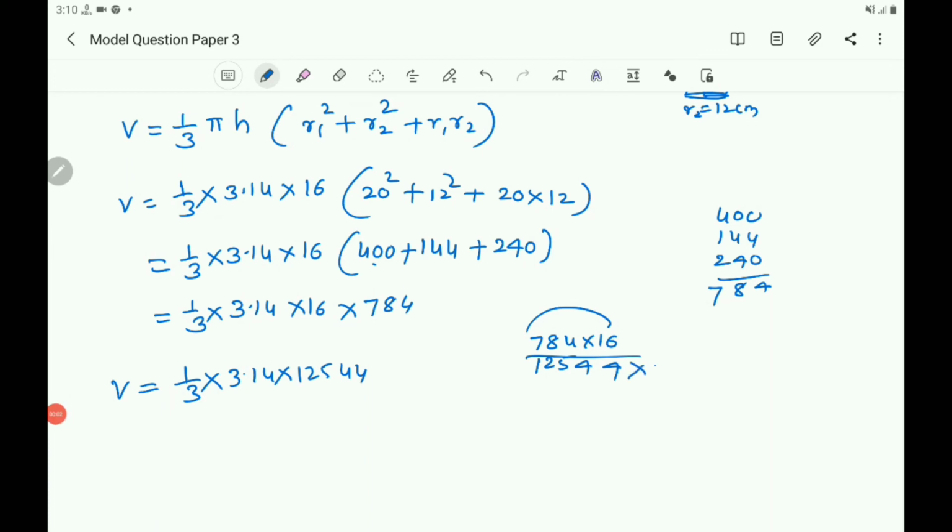Next that into 3.14, so you multiply it. 4 4s are 16, 4 4s are 16 plus 1, 17, and 4 5s are 20, 20 plus 1, 21, 4 2s are 8, 8 plus 2, 10, and 4 1s are 4 plus 1, 5.